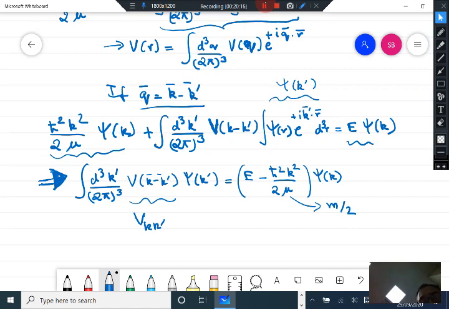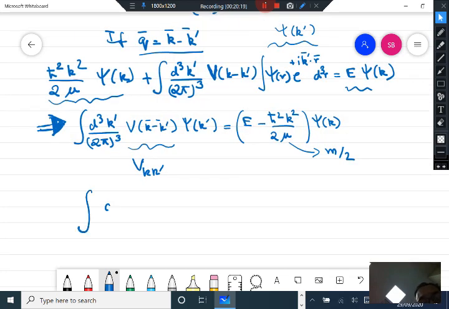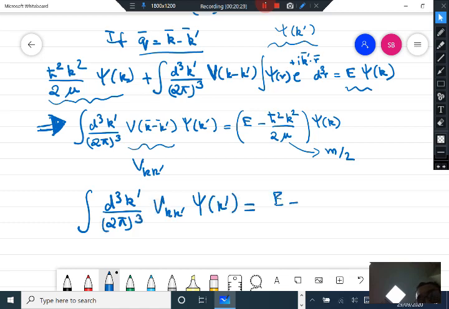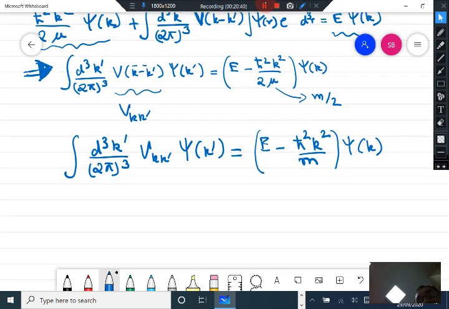So I can rewrite this as integral d cube k prime by 2 pi cube v k k prime psi k prime is equal to E minus h cross square k square by m psi k.